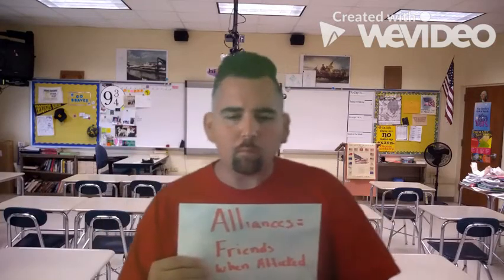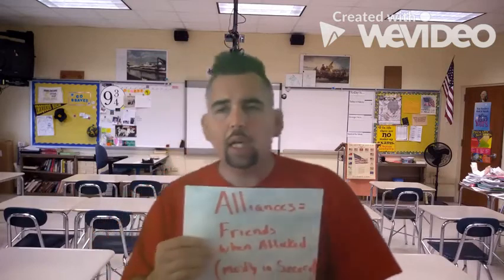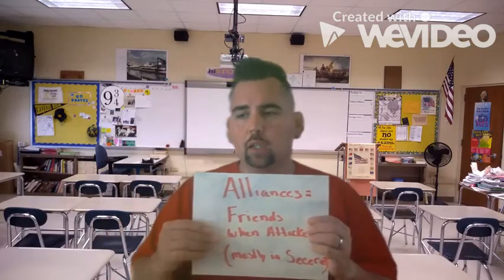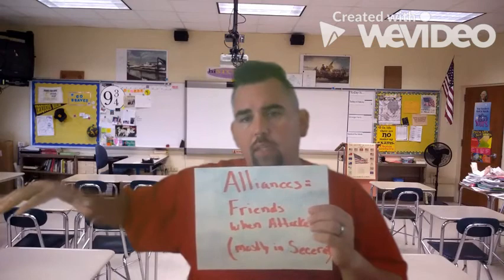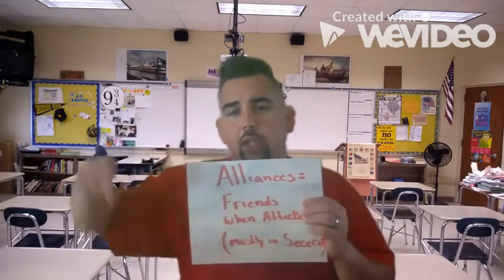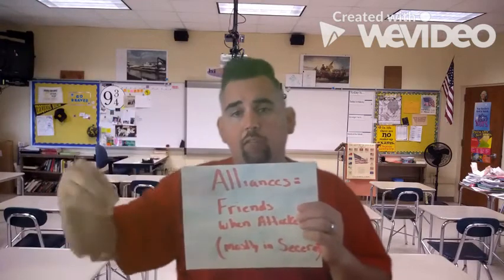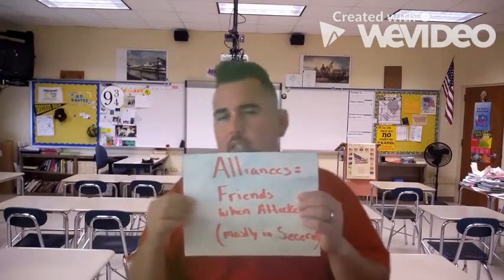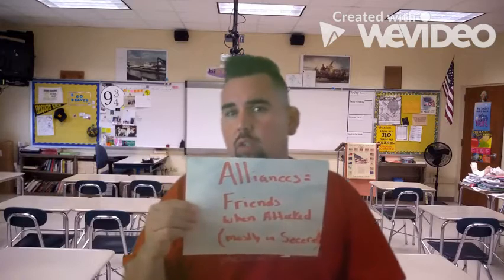Let's say you were a smaller country, you would make a deal with another country and say, if one of these other countries wants to attack us, then you'll attack them on our behalf. Those secret alliances were starting to come out, and this caused a lot of problems for a lot of those Central European countries involved in the creation of World War I.